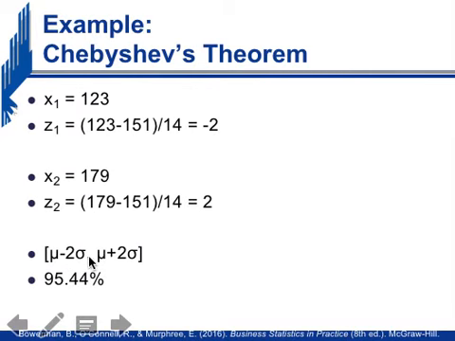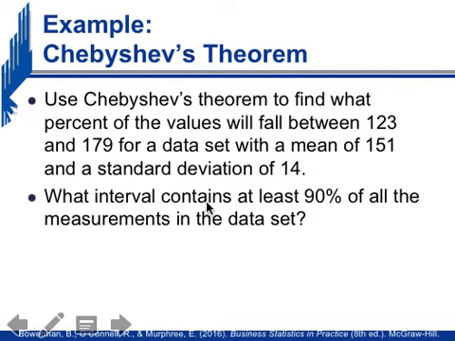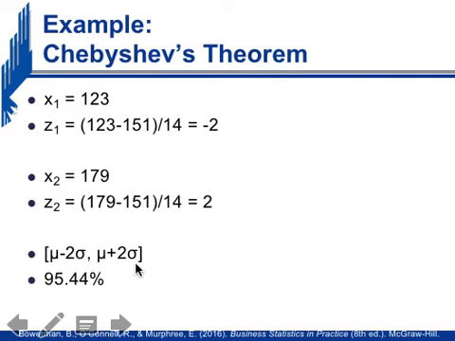So again, the value of z is 2. So plug in 2 to this formula. That will be 1 minus 1 over 2 squared, or 1 minus 1 over 4, or 3 over 4 of 100%, or 75%. So according to Chebyshev's theorem, at least 75% of all the numbers in the dataset are between 123 and 179.